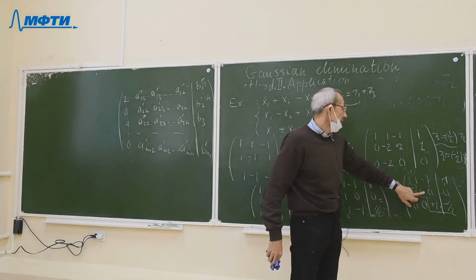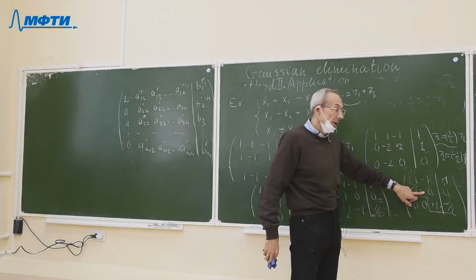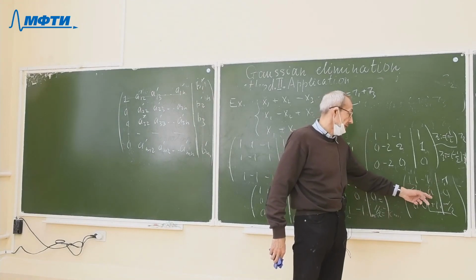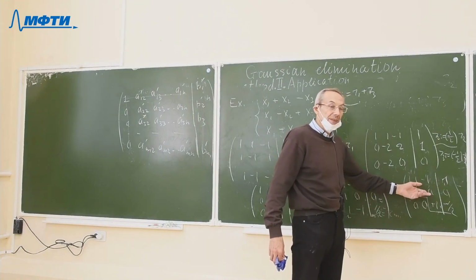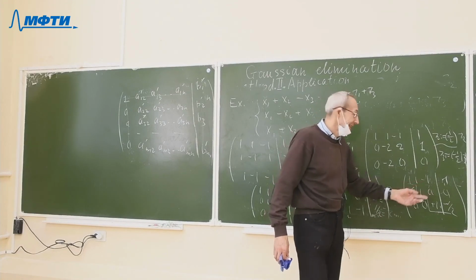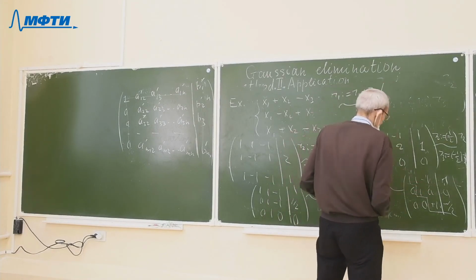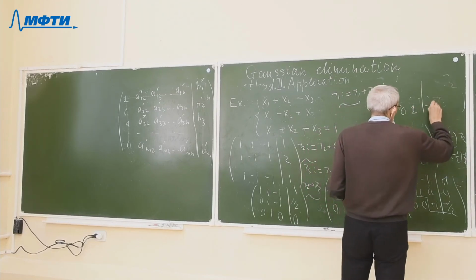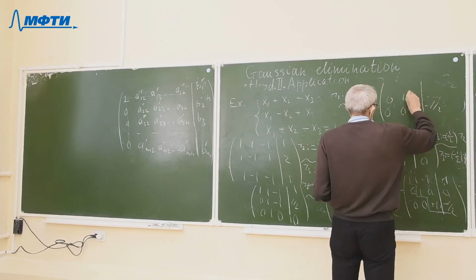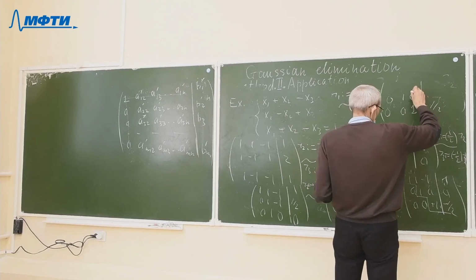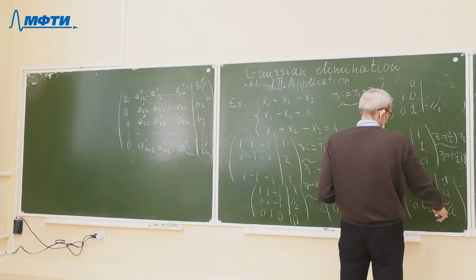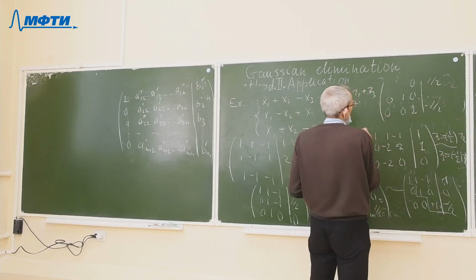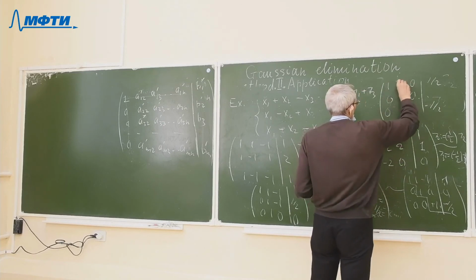In this place we have 0, and we have no need for the step which transforms this element into 0, because this element is equal 0. And after applying this operation, we obtain 0, the ratio 1, 2, 1, 1.